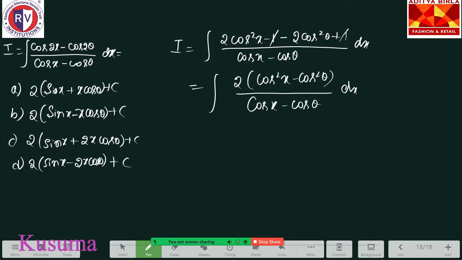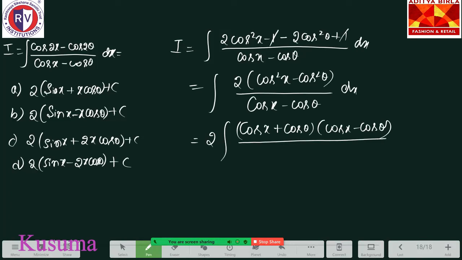dx. Look at the numerator. 2 is a constant. Cos square x minus cos square theta is of the form a square minus b square. So let us write it as cos x plus cos theta into cos x minus cos theta divided by cos x minus cos theta into dx.